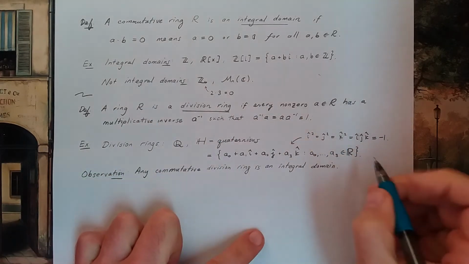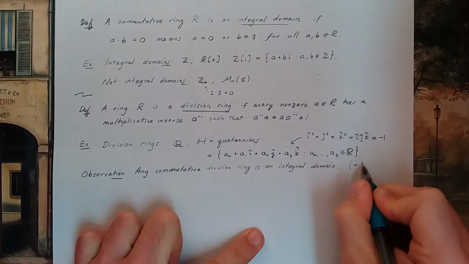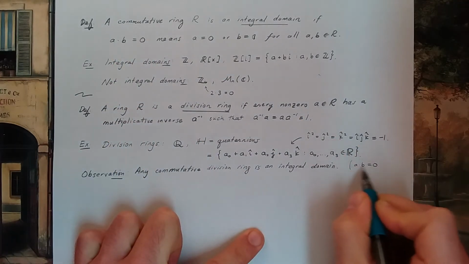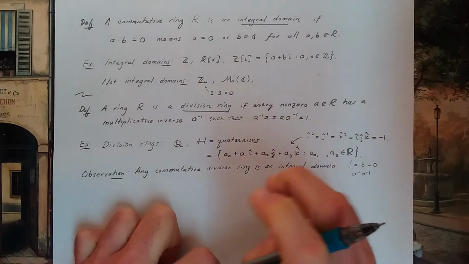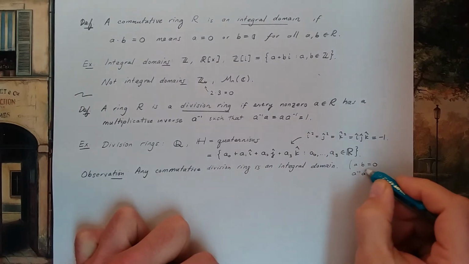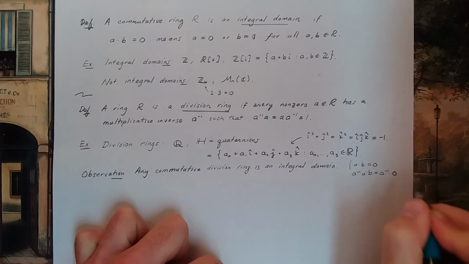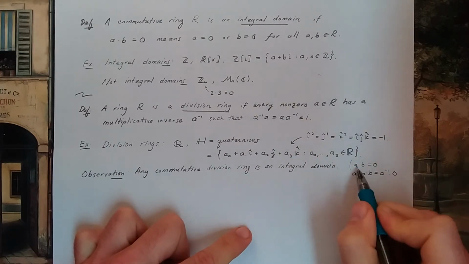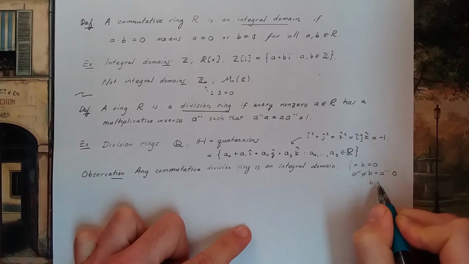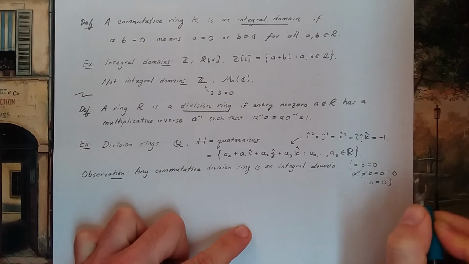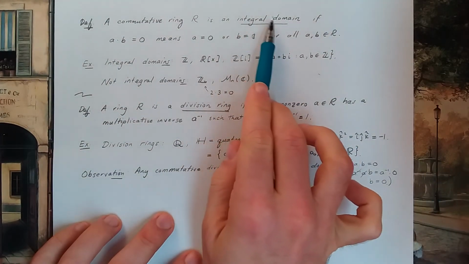If you could divide here, it's easy to see why. If you have a times b equals 0, and you divide by a, so you do a inverse a times b is a inverse times 0. So I take a times b equals 0, I divide by a, I get b equals 0. So if you could divide, and it's a commutative ring, then you have an integral domain.